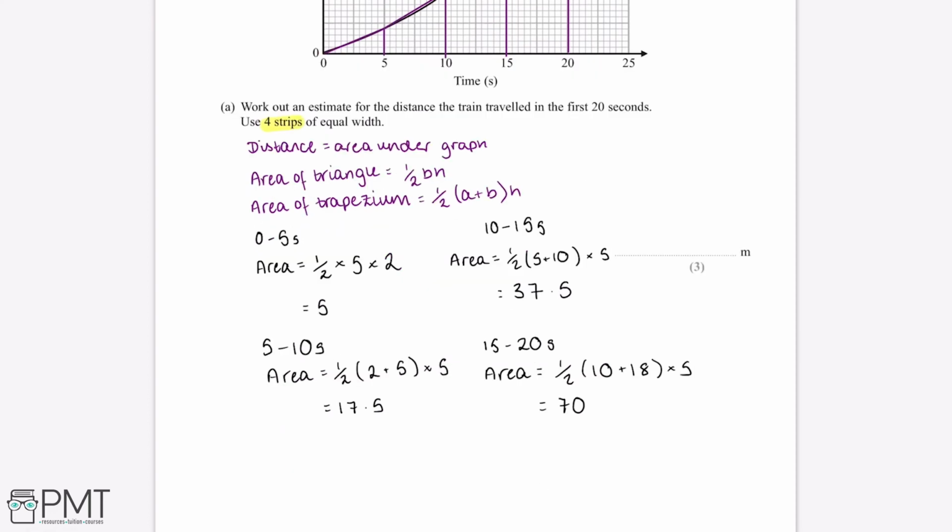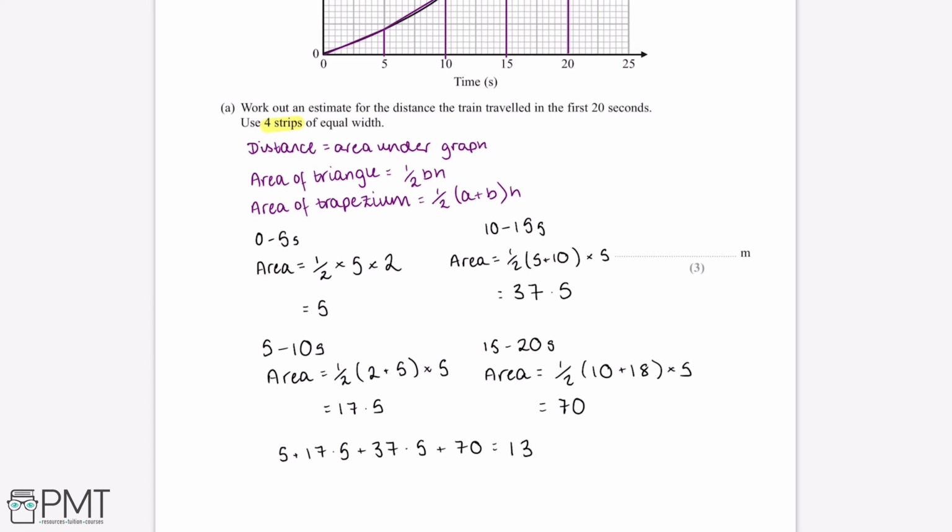So now the final thing we need to do is add together these four values to give us an estimate for the distance the train has travelled in the first 20 seconds. So 5 plus 17.5 plus 37.5 plus 70 gives us an answer of 130.